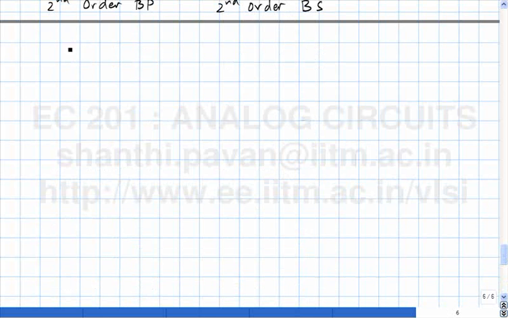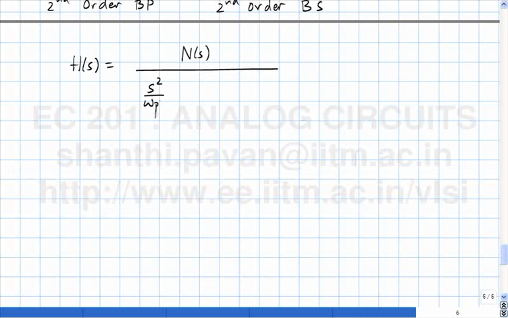And as I said, the general form of a second order section is given by H(s), which is the numerator divided by a second order denominator, of the form s squared by omega_p squared plus s by omega_p Q_p plus 1. And if the numerator is a constant, the zeros of the transfer function are at infinity, so there are no finite zeros.